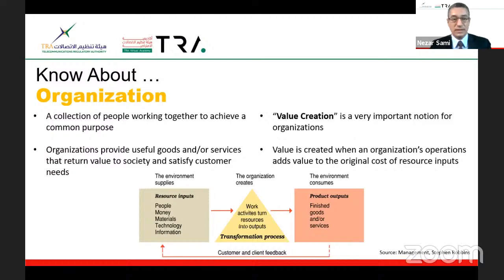And effectiveness means reaching my target. What will be my target? My target is to produce qualified products.